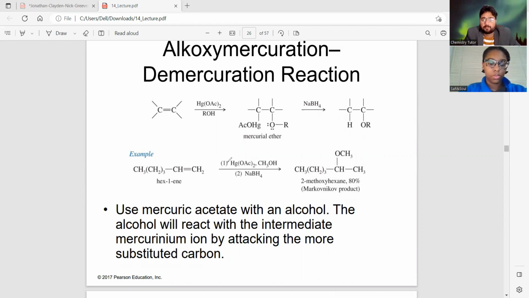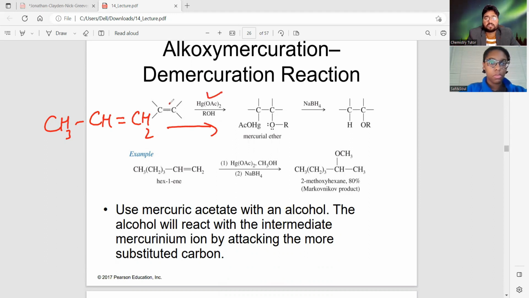I hope you have learned about mercuration and demercuration of alkenes. If I am doing mercuration and demercuration of this alkene, CH3, CH double bond CH2, you can use a water molecule in the second step, and also use sodium borohydride, NaBH4.